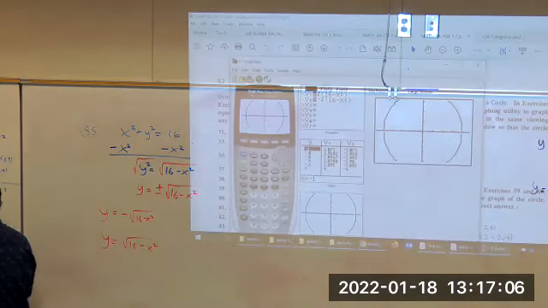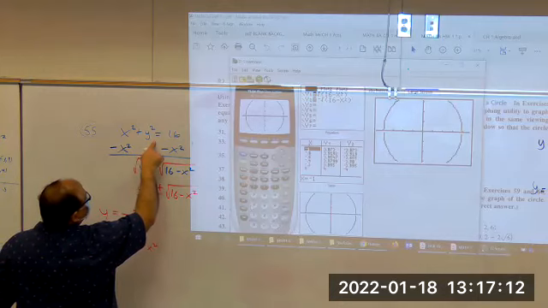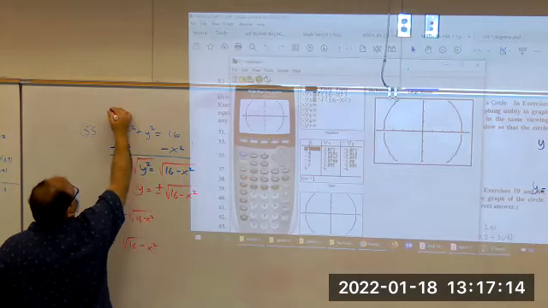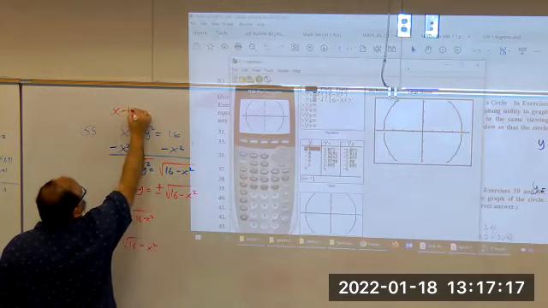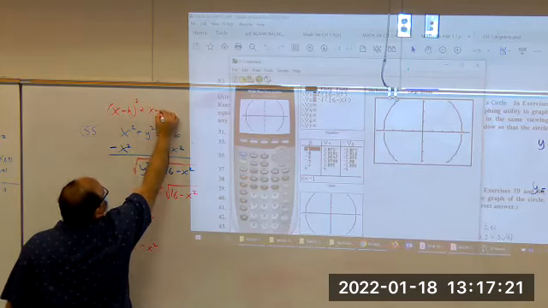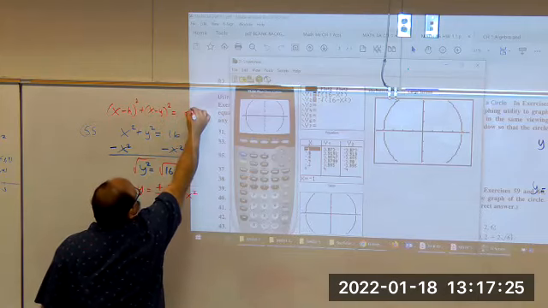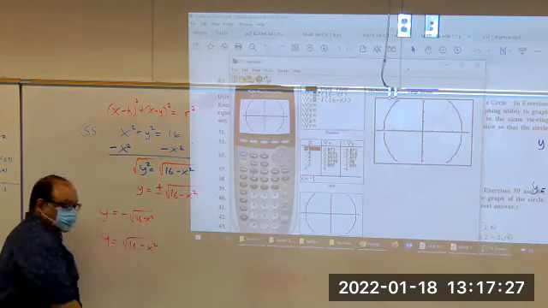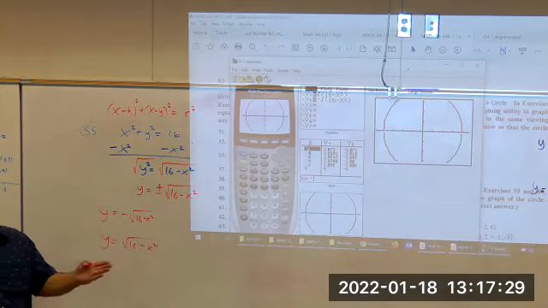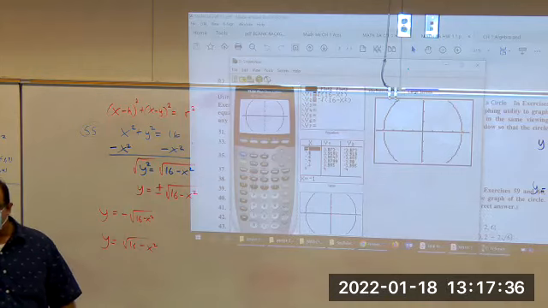One thing you'll learn if you haven't done the equation of circles yet. The equation of a circle is going to look like this. It's going to look like x minus h perfect square plus y minus k perfect square equals the radius of the circle squared. That's the standard form for the equation of a circle. The h and the k represent the center of the circle.